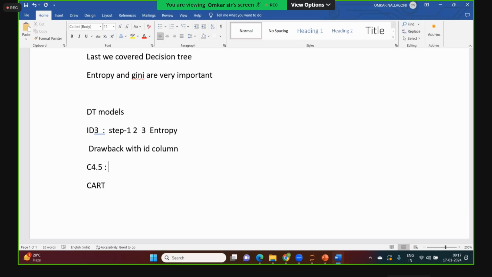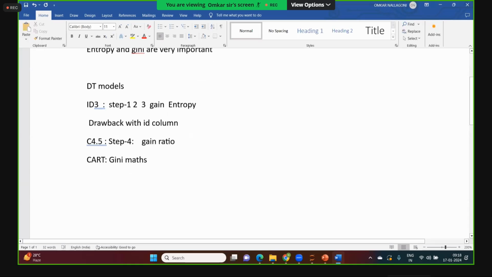That is step 4, and it uses the gain ratio. Until step 3 we use gain, then gain ratio. And then the CART algorithm is a new one, where Gini is the maths. So we have done this, right.